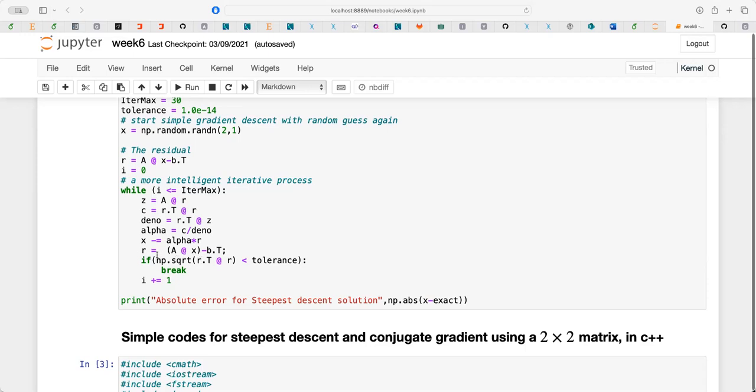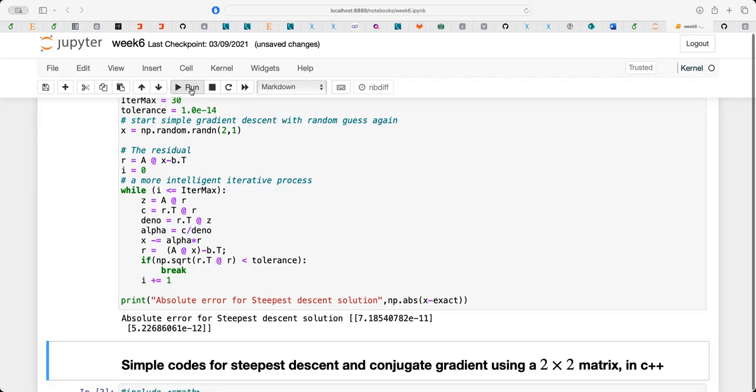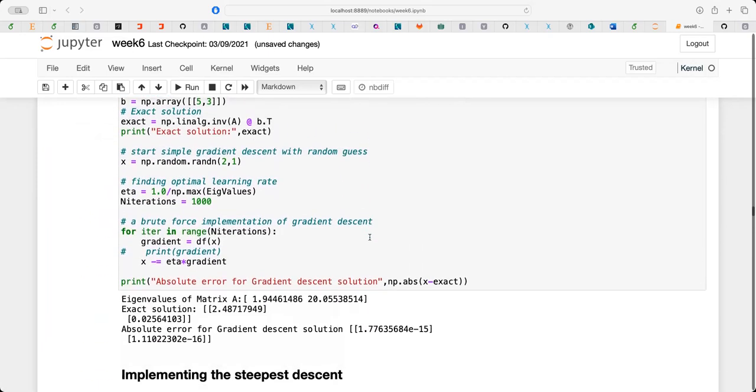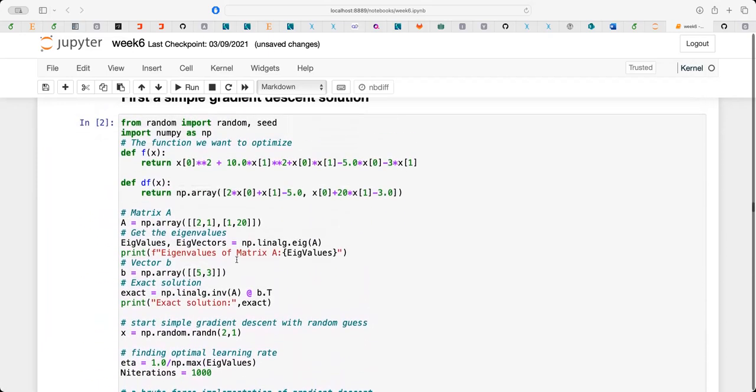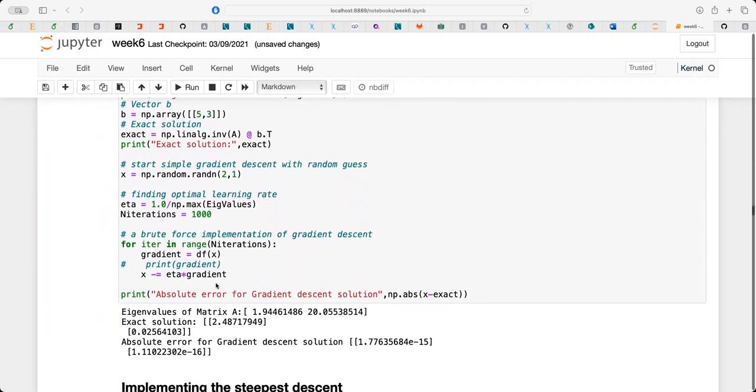And then I calculate the residual again, or the remainder, which is simply A times X minus this B of T. So instead of what we derived on the whiteboard, I have B minus A times X. If I run it in this case, you will now see that I have an error which is much, much better. I did 30 iterations, whereas with my learning rate, which I had here, I put 1,000 iterations, as you can see.